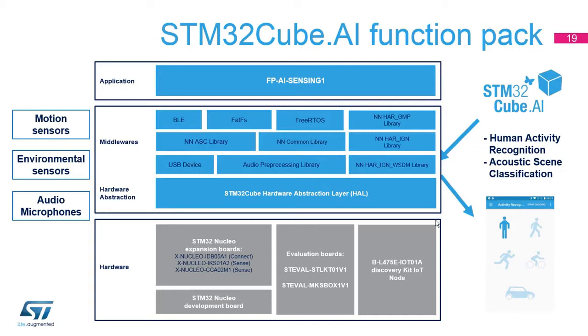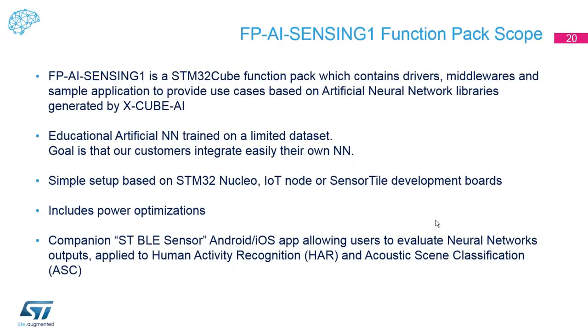The ST sensors are all tied to the hardware using ST libraries and third-party libraries. We have a dedicated ST AI library for neural networks and audio pre-processing, and on top of that sits the user application to tie everything together.